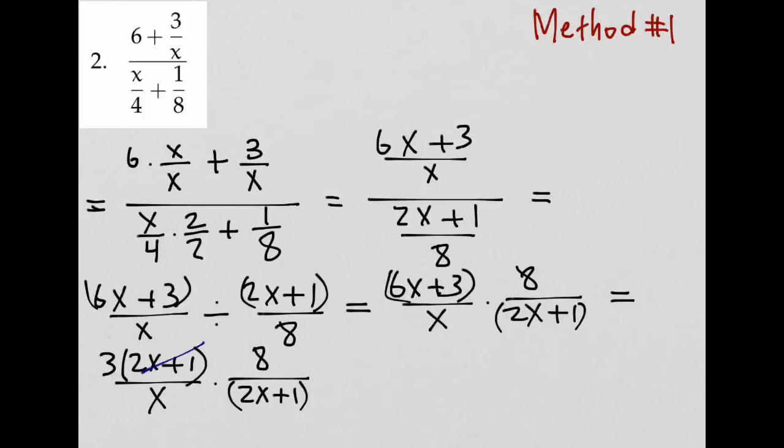We can simplify 2x plus 1, and that leaves us with 3 times 8 on top. That's 24 divided by x. That's a fraction in lowest terms, and that's the simplification of our complex fraction.